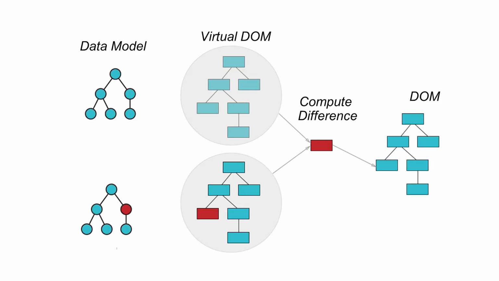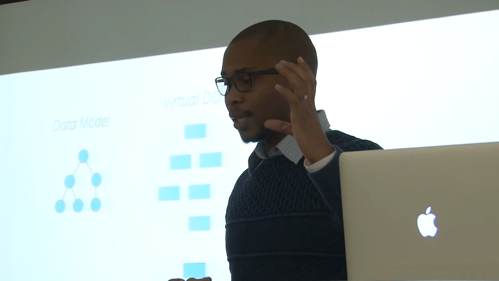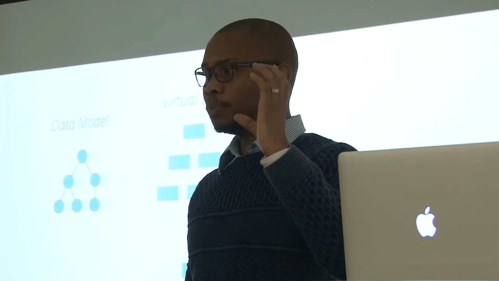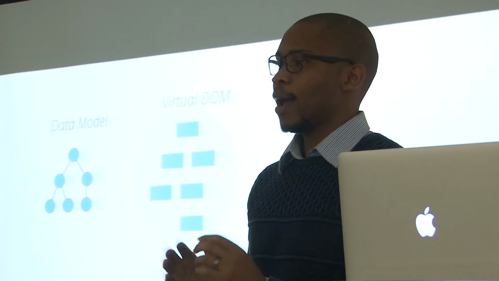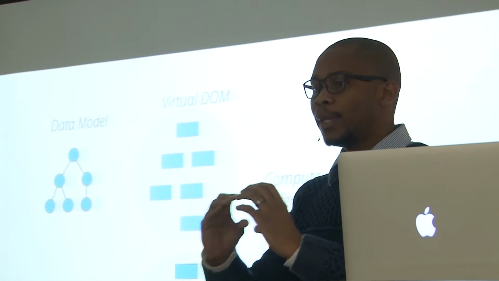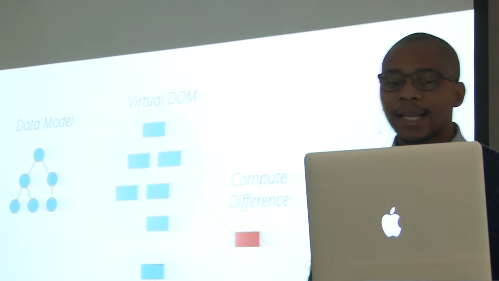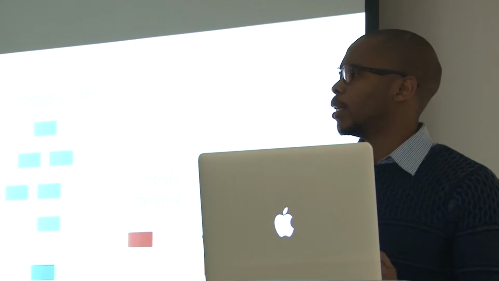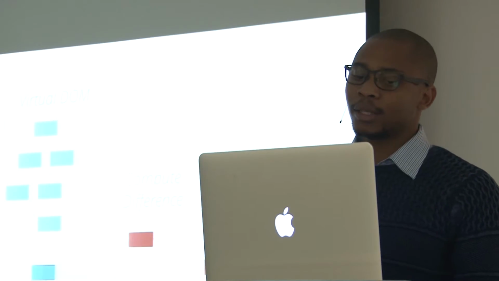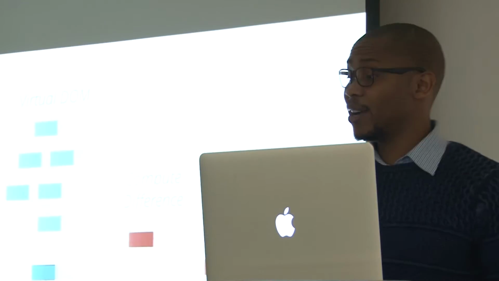Now, it would take the previous virtual DOM representation and the current virtual DOM, then compute the difference and update the DOM with that difference. This is what sets React apart from other JavaScript frameworks. And this process is very fast.